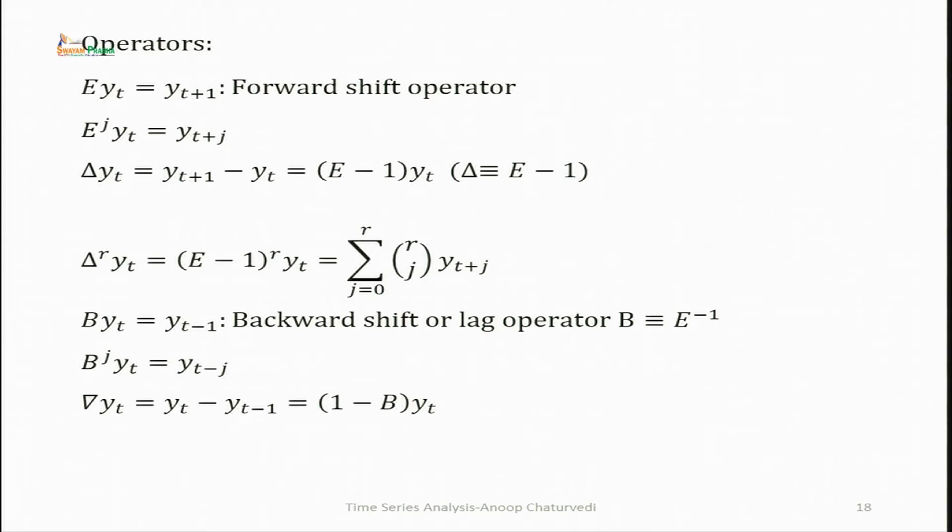Then we also define backward shift or lag operator b y t is equal to y t minus 1, b j y t is y t minus j, and del y t is equal to y t minus y t minus 1, which is also equal to 1 minus b y t. So, in fact, this backward shift operator may be considered as the inverse of forward shift operator.